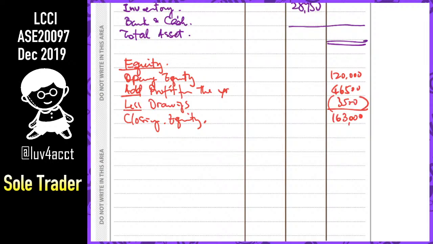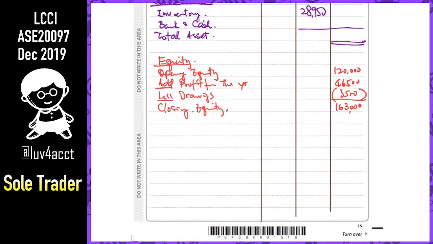Okay, next one. We haven't touched that part yet. That is the non-current liability and also the interest, because we haven't calculated the interest in the statement of profit and loss. The interest accrual.